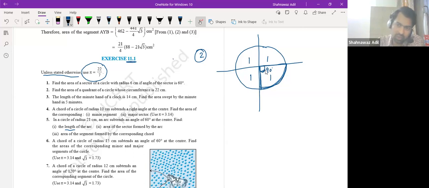So we know that the angle is 90 degrees and we know the circumference. This total length is 22 centimeters, and we also know that circumference is 2 pi r.